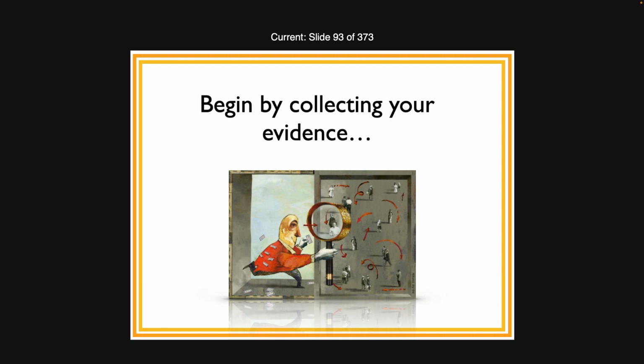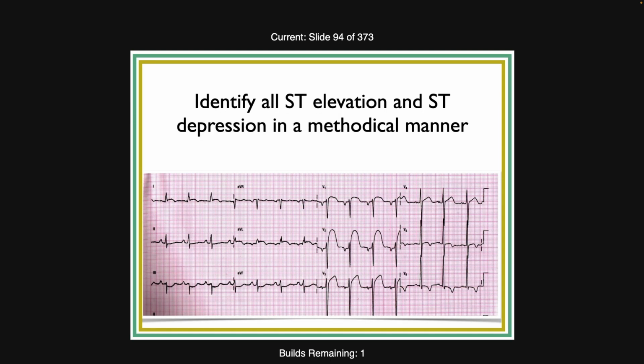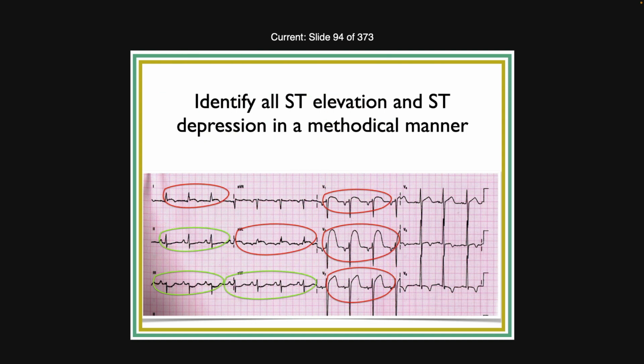Begin by collecting your evidence, and even though in class we jump to conclusions pretty quick, I really think the best way is to go through very methodically and say, lead 1, elevation, and I put an E, lead 2, depression, I put a D, 3, depression, AVL, elevation, and so on.